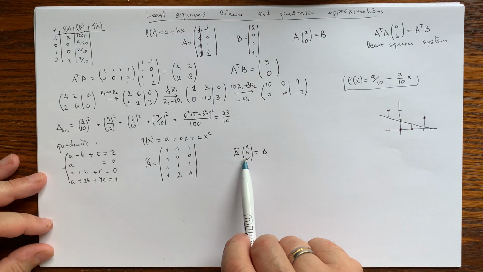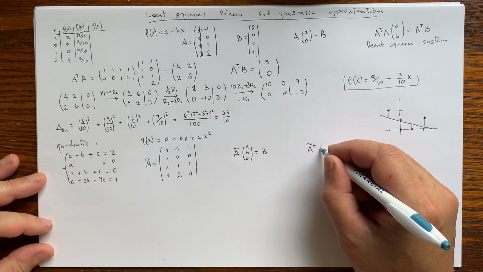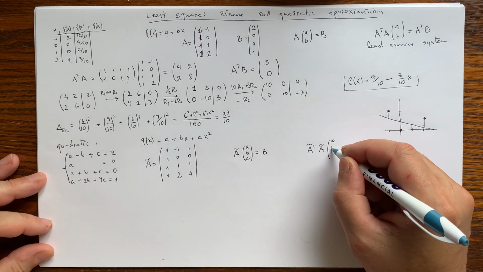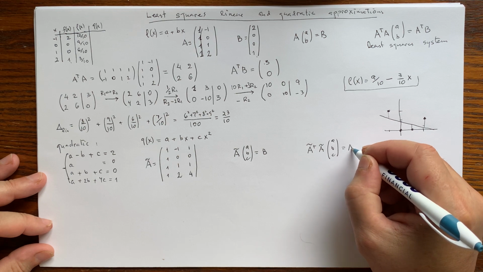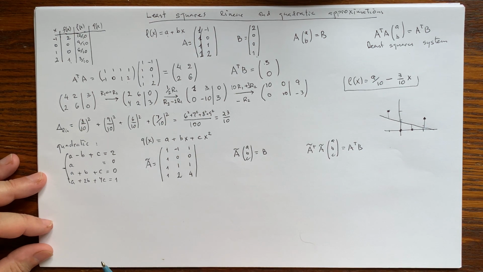So we have to multiply by the transpose of this new A matrix both sides of our system, and then solve this, and that will be solvable.